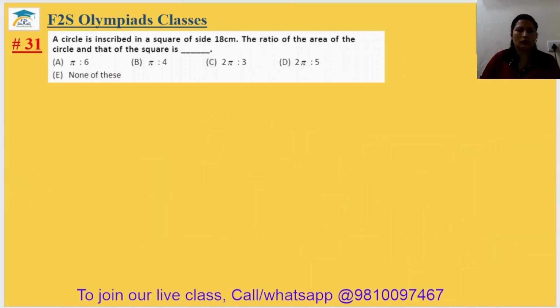Okay. Come to question number 31. A circle is inscribed in a square of side 18 centimeter. The ratio of the area of the circle to that of the square. So here I am just making a square. For better understanding, just make a square, make one circle inside it.